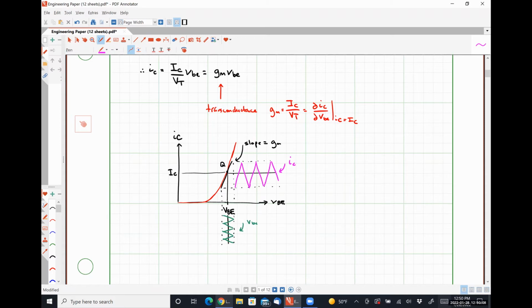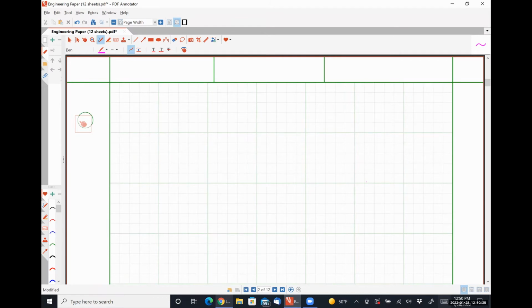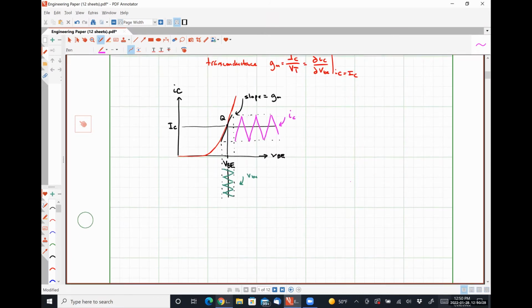The perturbation signal, lowercase vbe, since it causes a change in the collector current, has to also cause a change in the base current, because the base current and the collector current are proportional. Lowercase i, capital B, is lowercase i, capital C, divided by beta.